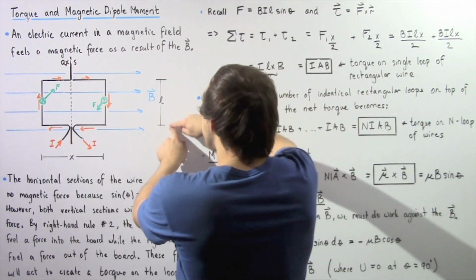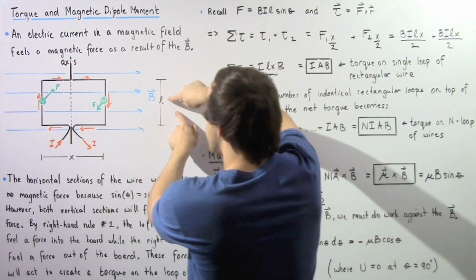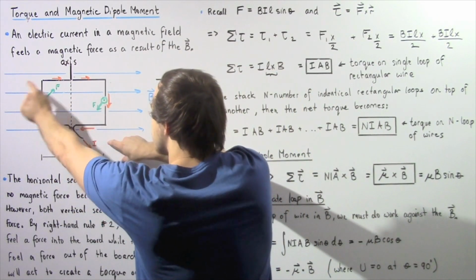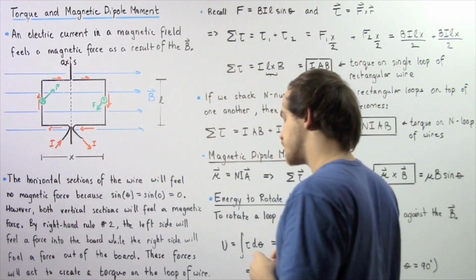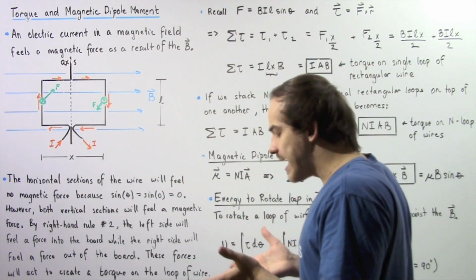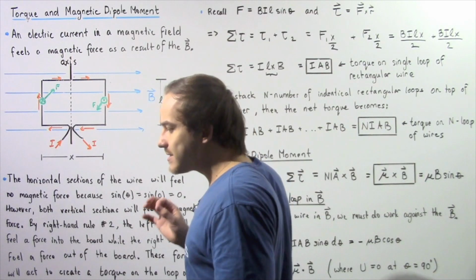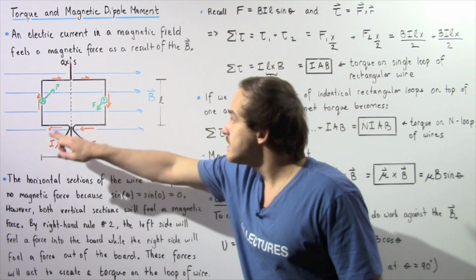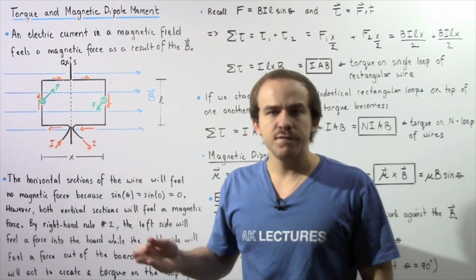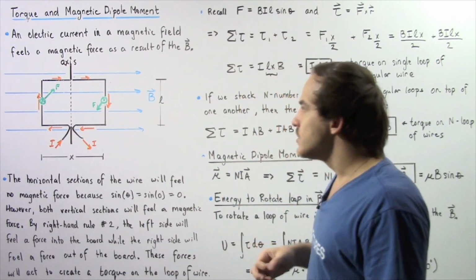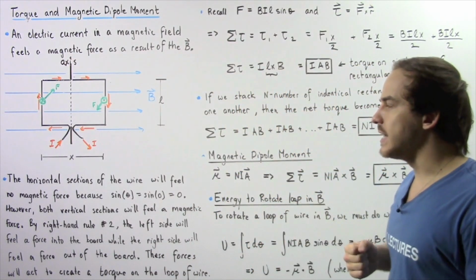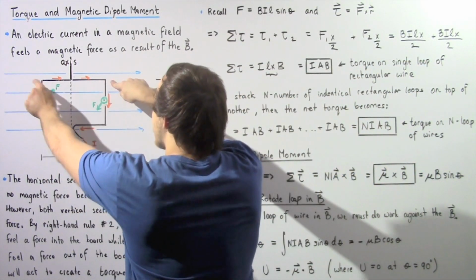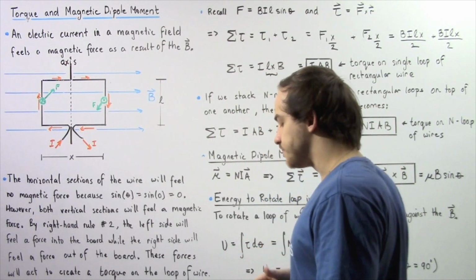Now, let's suppose the height of these sections of the wire is given by L and the width of these sections of wire is given by x. Because we have an electric current inside a magnetic field, these sections of wire will feel a magnetic force. Let's determine what this magnetic force is, and let's begin by examining the horizontal sections of our wire.